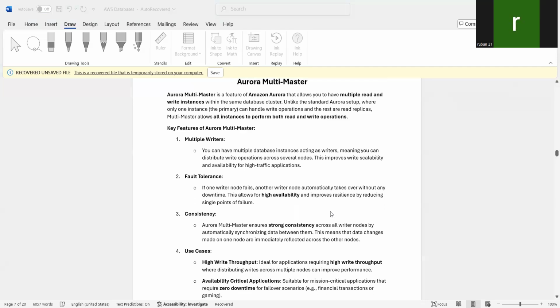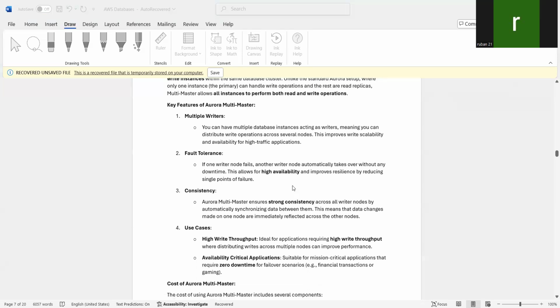We will see some key features of Aurora Multi-Master. Multiple writers. You can have multiple database instances acting as writers, meaning you can distribute write operations across several nodes. This improves write scalability and availability for your high traffic applications.